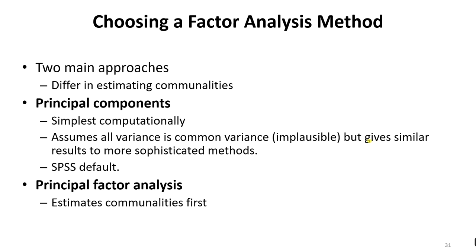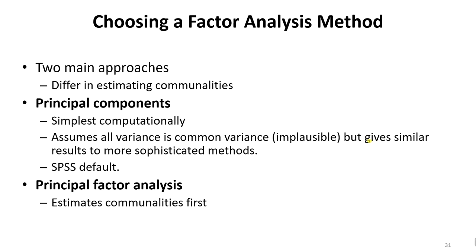So choosing a factor analytic method. There are two main approaches that are generally used. Many of the researchers use principal component analysis, though many of the statisticians do not classify it as a factor analysis.